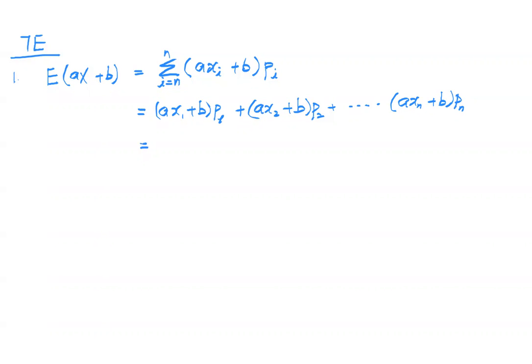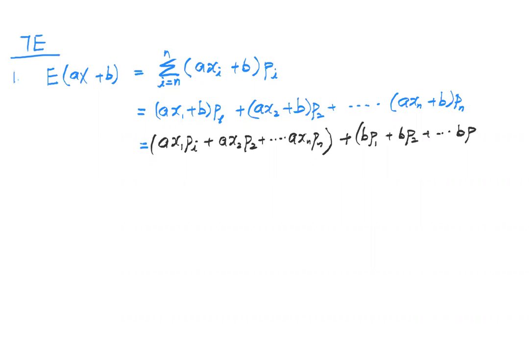Just now, so it will be a x1 P1 plus a x2 P2 plus dot dot dot a xn Pn. This is the first group. Plus the other group will be b P1 plus b P2 plus dot dot dot b Pn. So everything is a, correct?